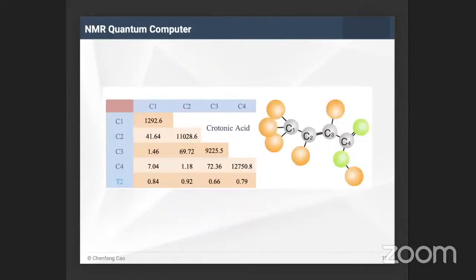By the way, we did experiments on an NMR quantum computer. This is the molecule structure and the nuclear parameters of the processor. The molecule has 4 carbon atoms. And anyway, experimental results and numerical results match quite well.